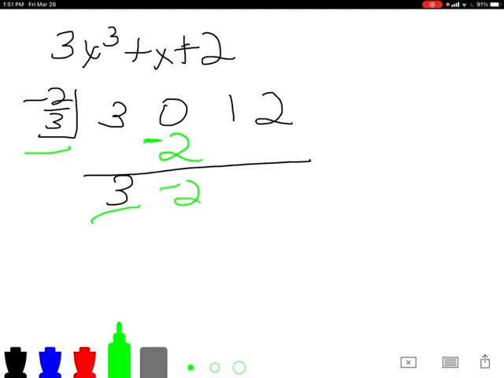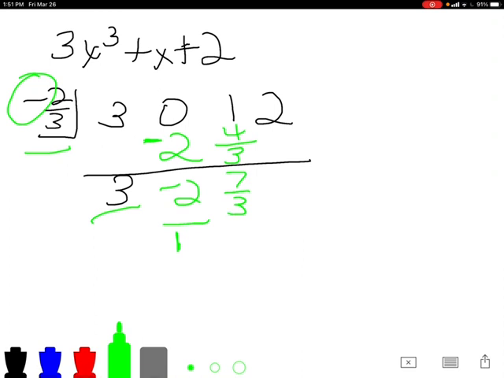Add. Negative times negative is a positive. That's negative 2 over 1, which you multiply tops and multiply bottoms. So it's positive 4/3 plus 1, which is 3/3. You get 7/3. If you're not really good with fractions, you can also use your calculator to help you.